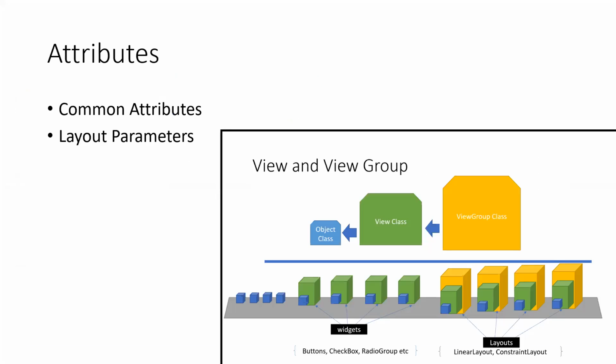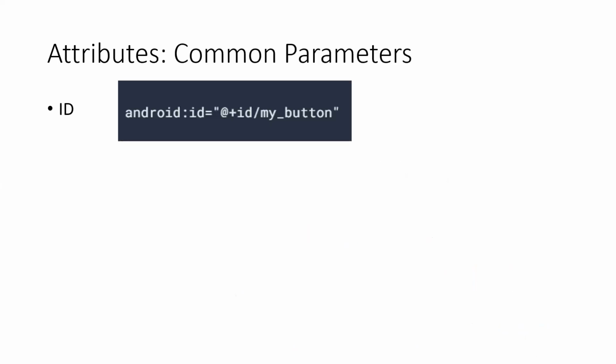Then I talked about some of the attributes, which are common attributes and layout attributes. Common attributes, why common? Because your view group class, which is the base class for layout, is derived from the view class. Just because it is derived from the view class, it has to have certain common things. One of the attributes we saw is ID.